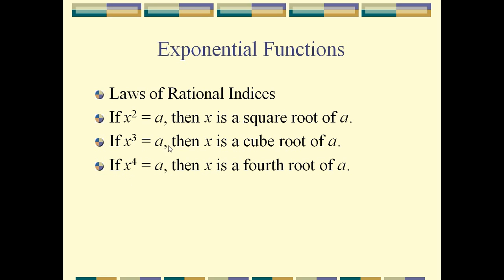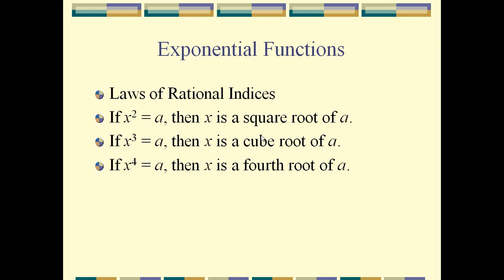For the next one, x to the power 4: 4 is an even number, so a must be positive. Because it is power 4, we say x is the fourth root of a.